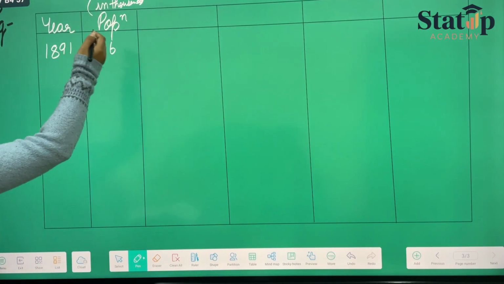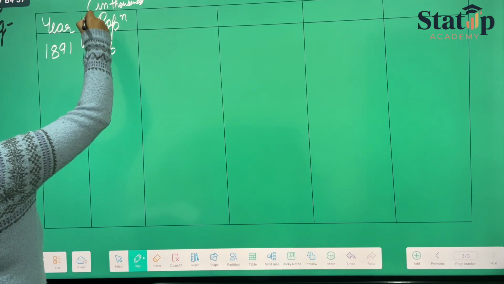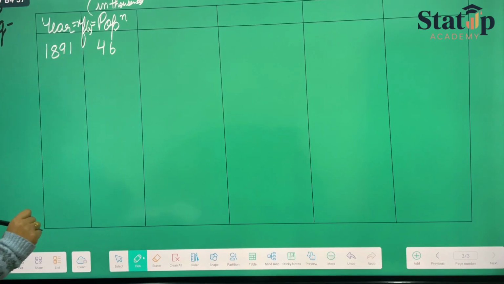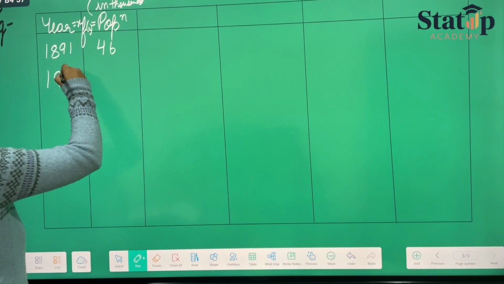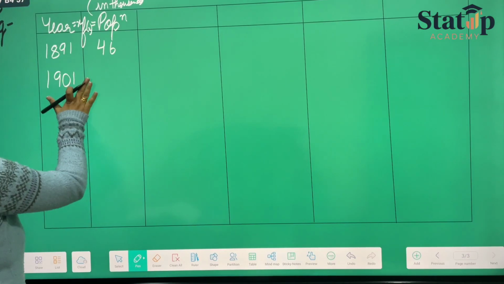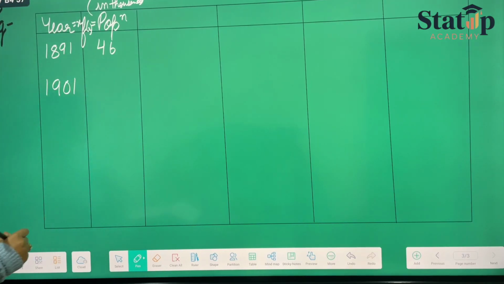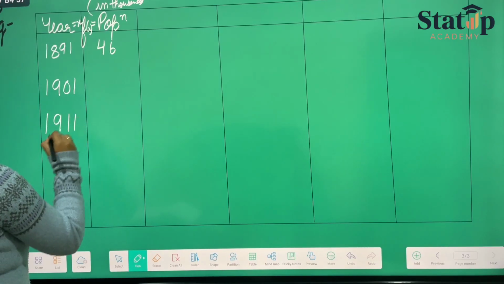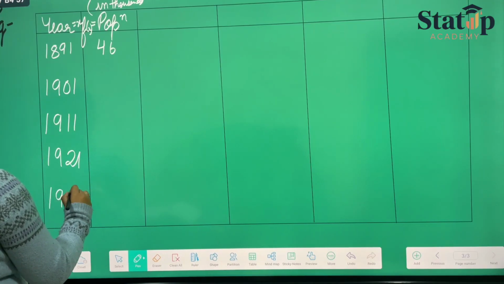Okay, this is nothing but, instead of population we can also write this as fx and this as x. So in 1891, 1901, 1911, 1921, and 1931.